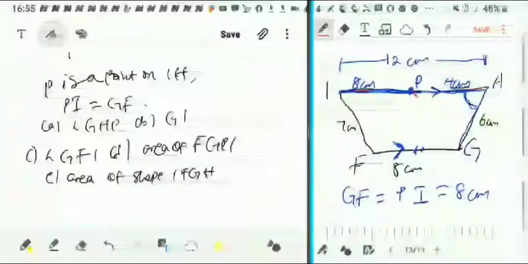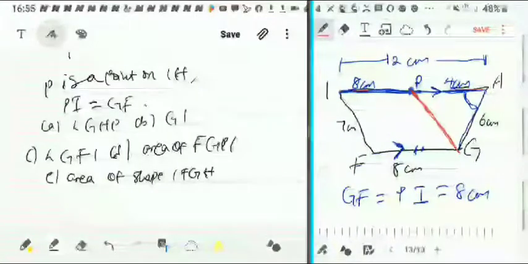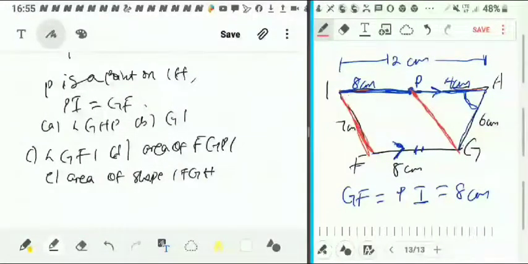Let me join P to G. Joining P to G now, you can see GPH is a triangle. And on this other side, I have another shape. Since these two lines are parallel, listen, these two lines are parallel to each other.